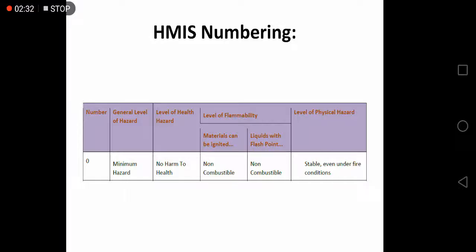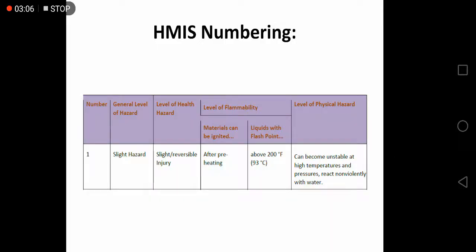Then level of flammability means whether material can be ignited, or liquids with flash points, then level of physical hazard. So 0 represents minimum physical hazard and no particular harm in health hazard: non-combustible material that cannot be ignited, non-combustible liquids with flash points, and stable even under fire conditions.